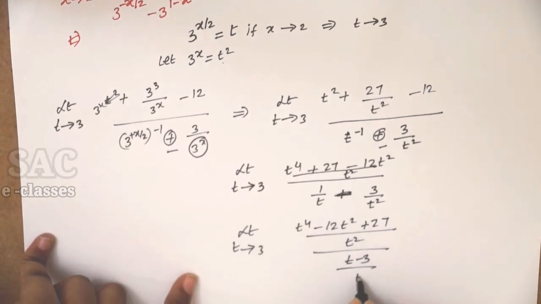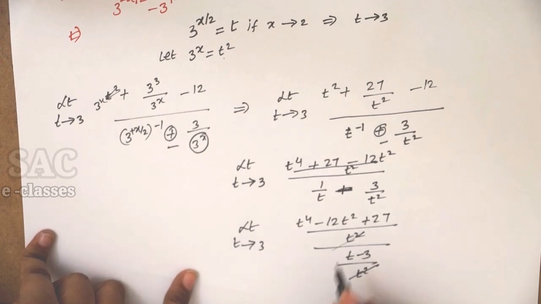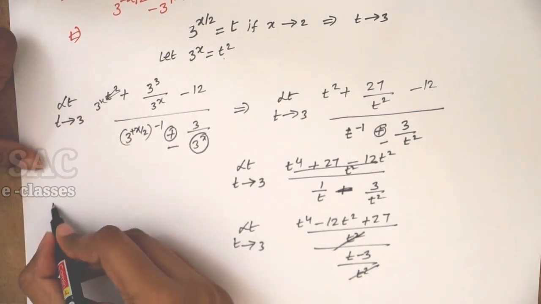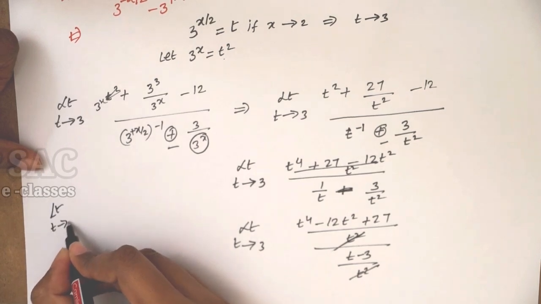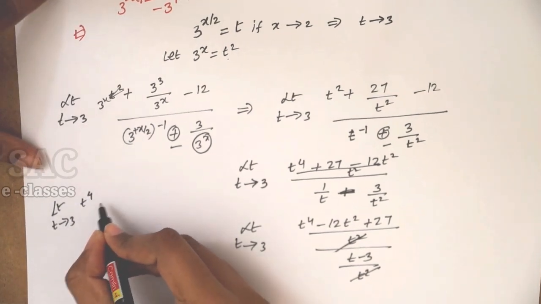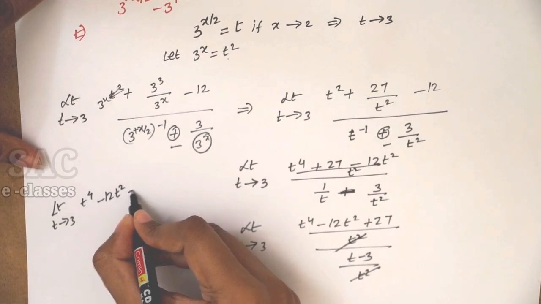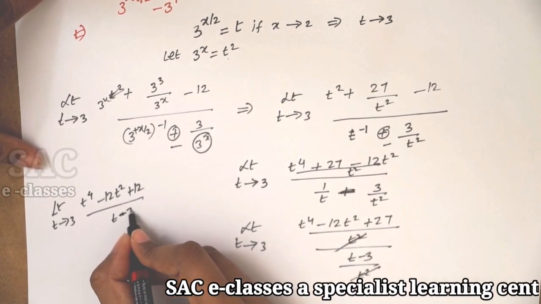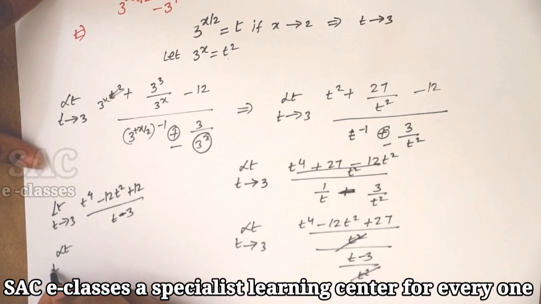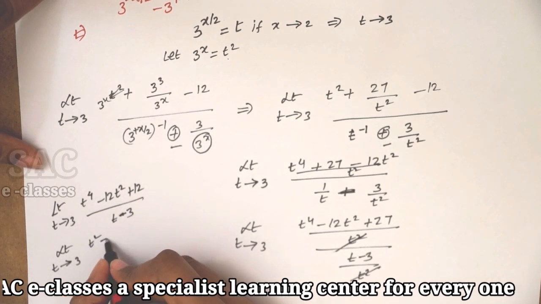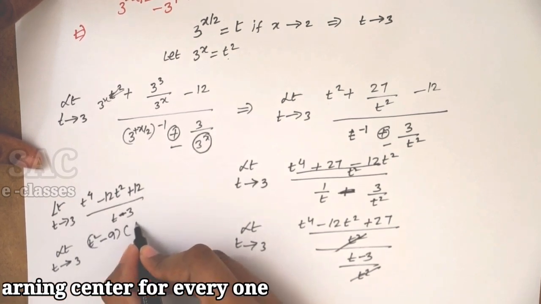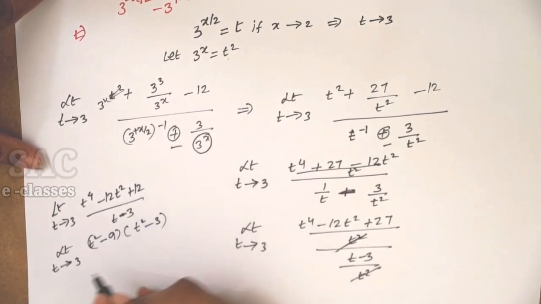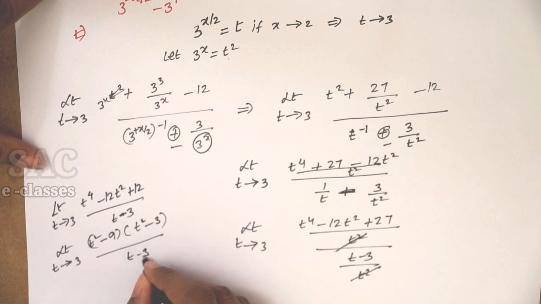Let us simplify. Now we got limit t tends to 3, t power 4 minus 12t square plus 27 by t minus 3. Still, with the help of factorization, you can get the factor (t square minus 9) into (t square minus 3) by (t minus 3).